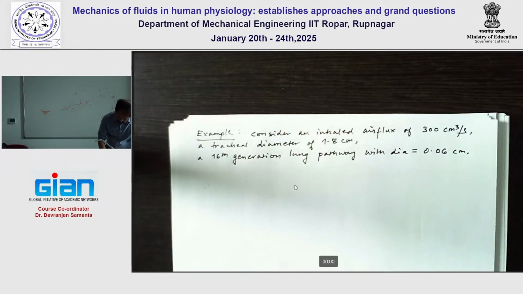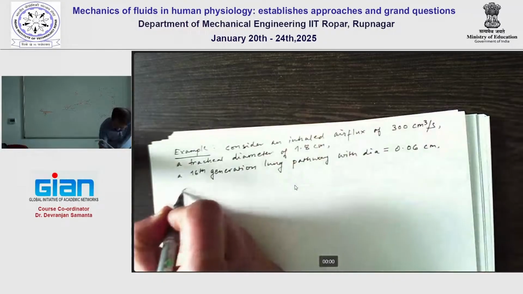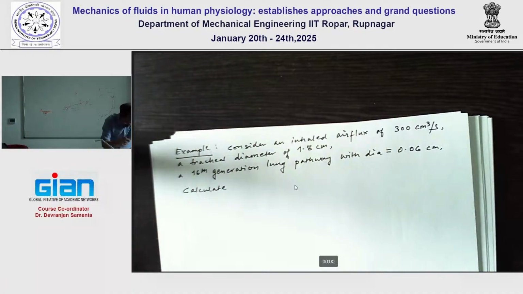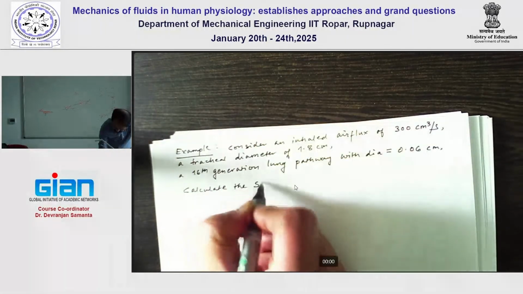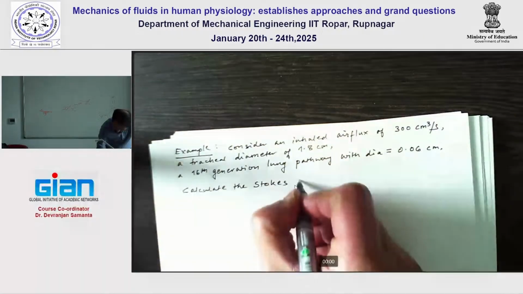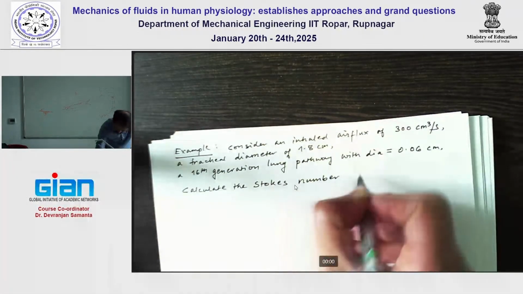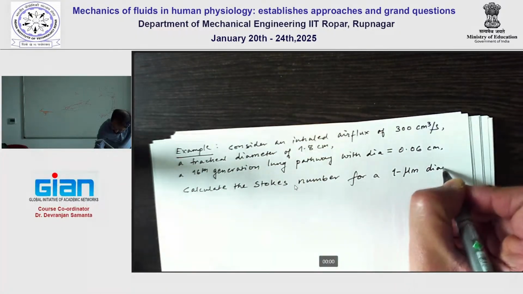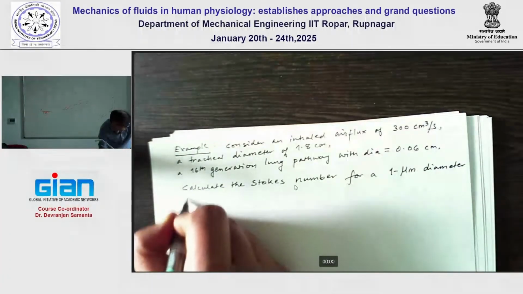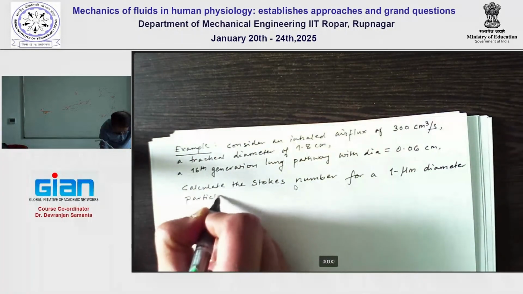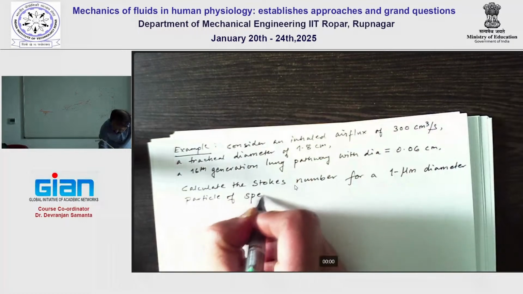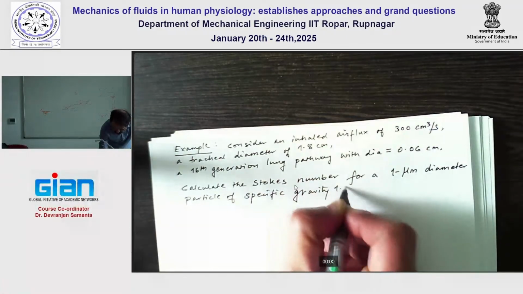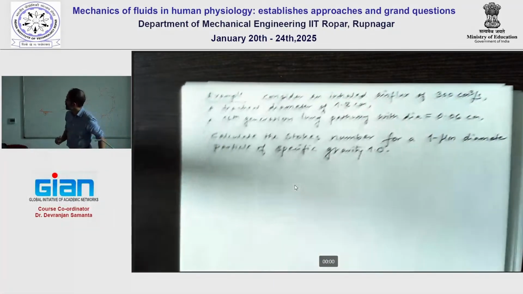Okay, so calculate the Stokes numbers. Calculate the Stokes number for a 1 micron diameter particle of specific gravity 1, so a water particulate.